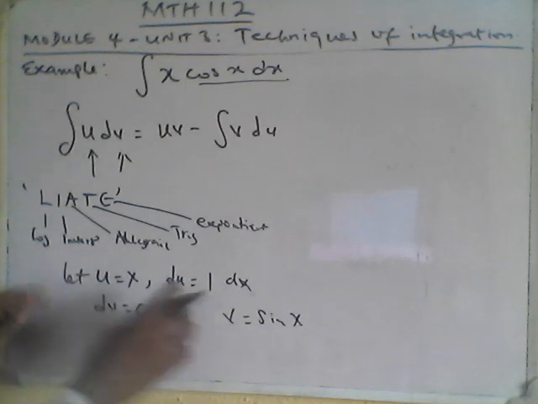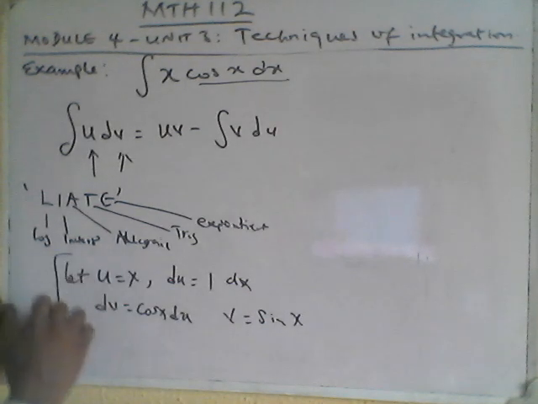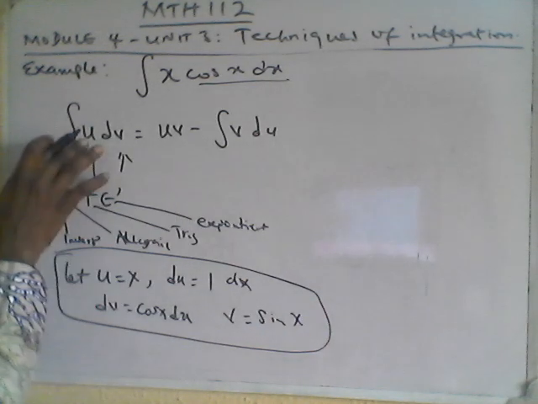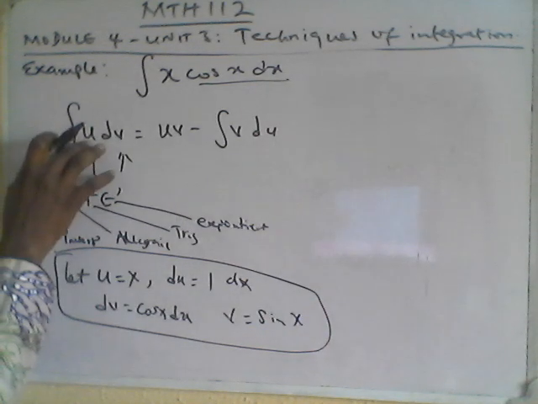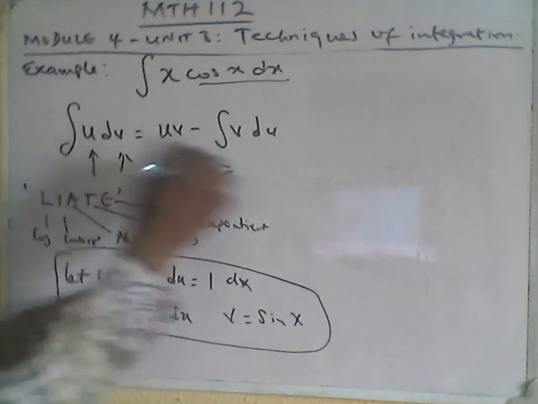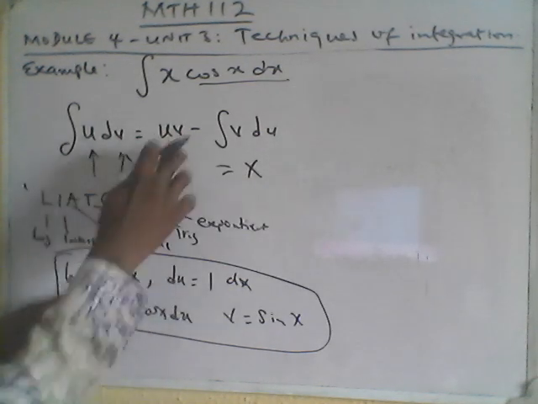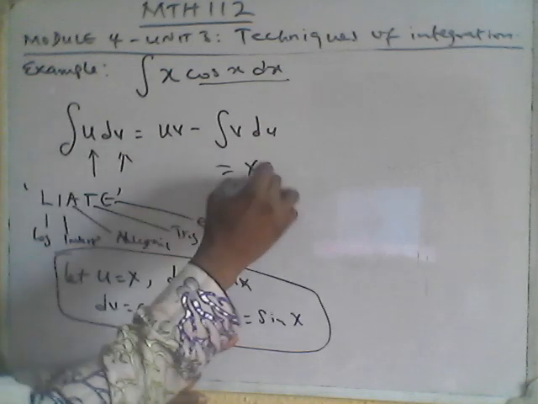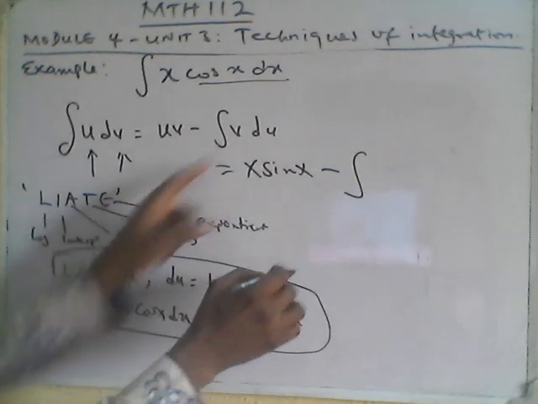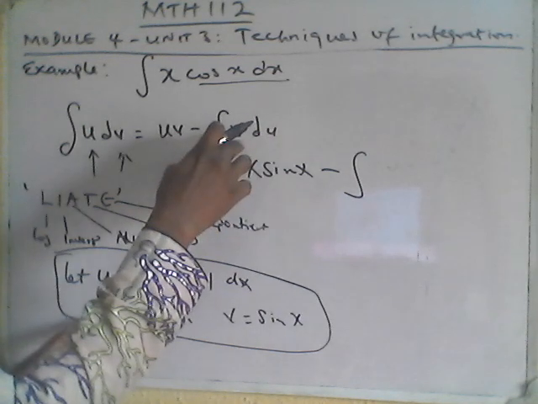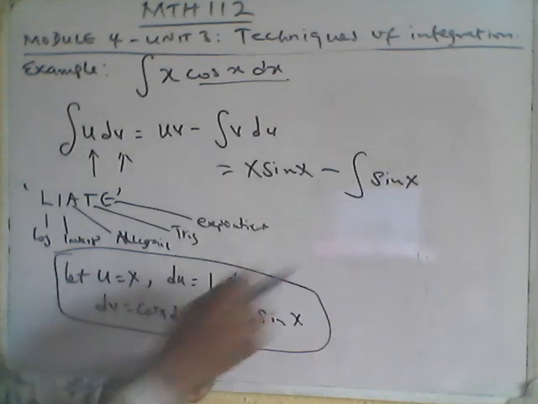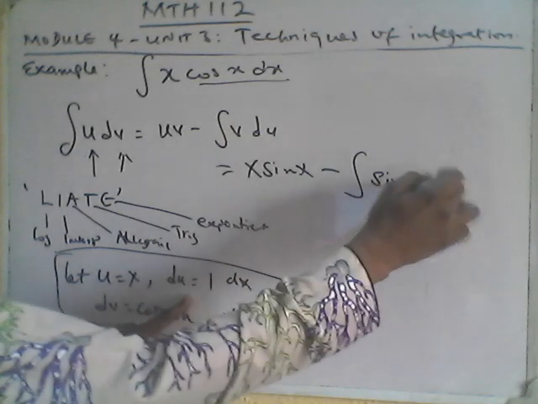Okay, so now I have gotten these four things. I'm going to put them in this expression. The integral of u dv will now be my u, which is x, times my v, which is sine x, minus the integral, following my formula, of v, which is sine x again, and du, which is dx.